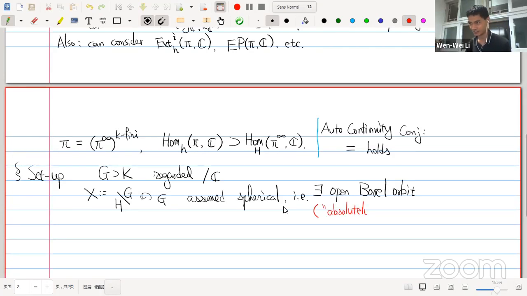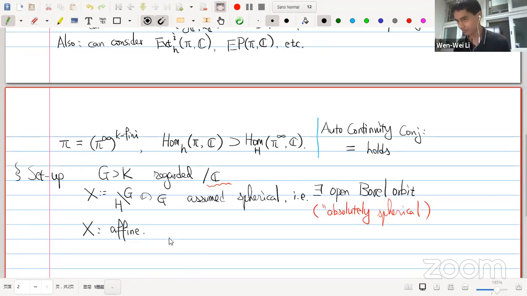Of course, this is a very strong assumption, but I don't know how to do without this. Moreover, I make another assumption. I need X to be affine. I don't know if this is really necessary.